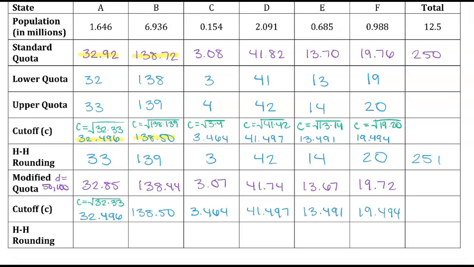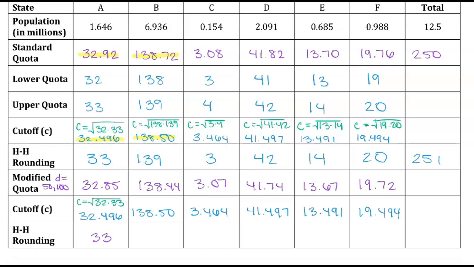Now let's compare each modified quota with the cutoff values to see which ones need to round up and which ones will round down. State A will round up to 33, but look at State B. The standard quota was 138.72. That was above the cutoff value, so we rounded up.